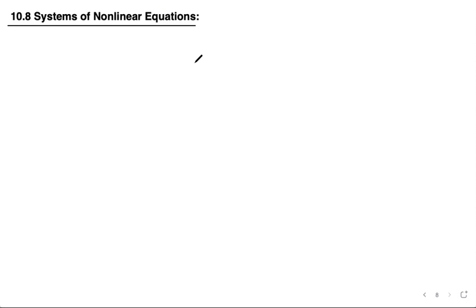I know the linear function is something like ax plus b. The exponent for a linear function is 1. But anything that is not 1, like 2 and more, will be nonlinear. Anything with exponent 2, 3, 4, 5 is not linear.